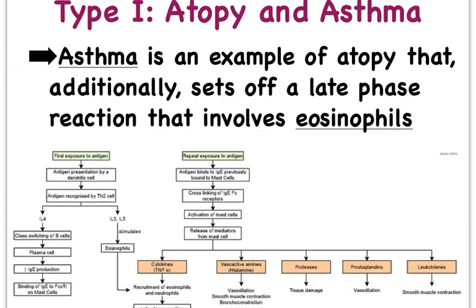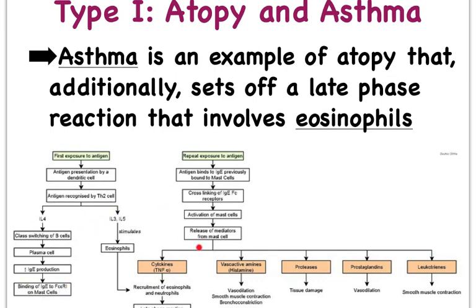I mentioned asthma because it is a very good example of the IgE-mediated type of hypersensitivity, which, by the way, is explained here for the first exposure. Everything we discussed in our diagram is shown in a flow chart here for the first exposure.